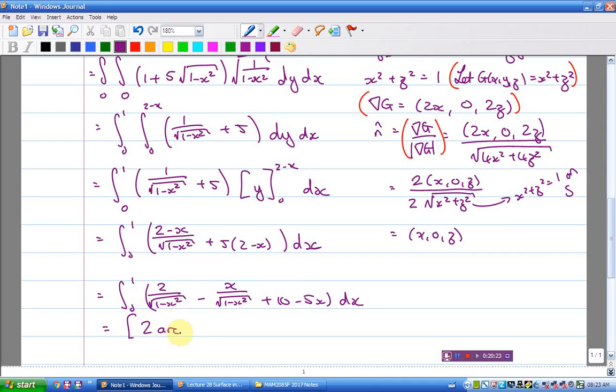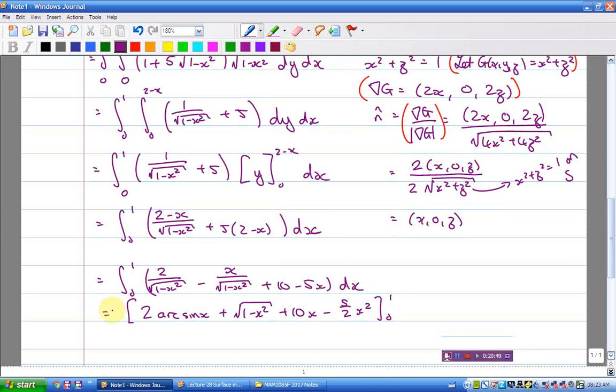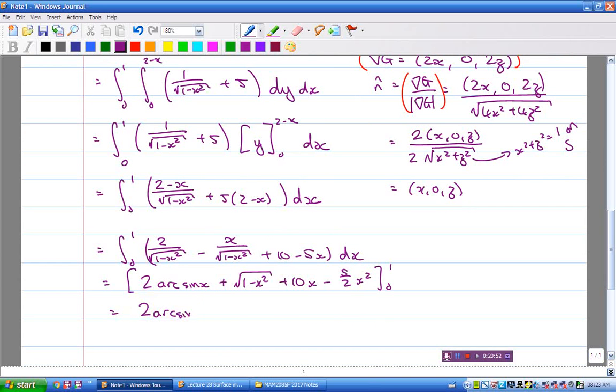So it's 2 arc sine x plus square root 1 minus x squared minus 5 over 2 x squared. Evaluate it from 0 to 1. So it's 2 arc sine 1 plus square root of 0 plus 10 minus 5 over 2.